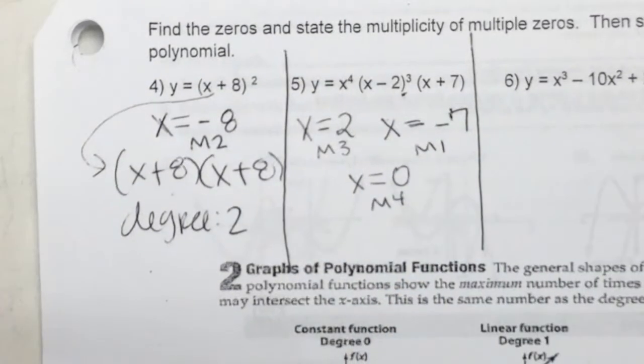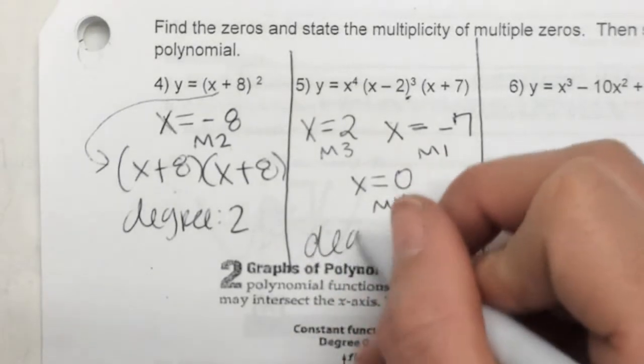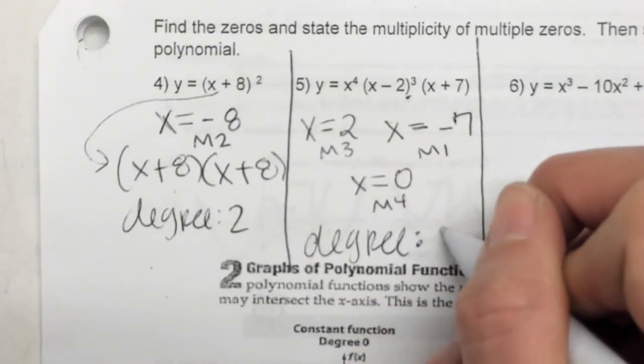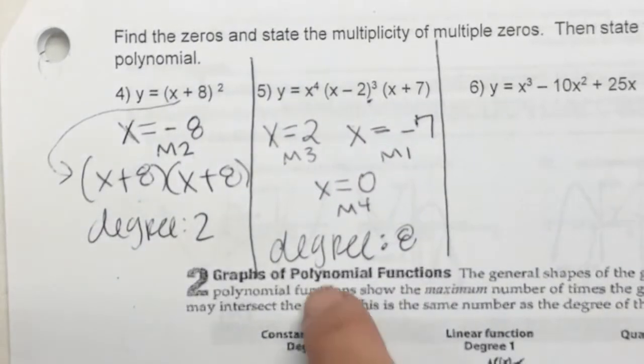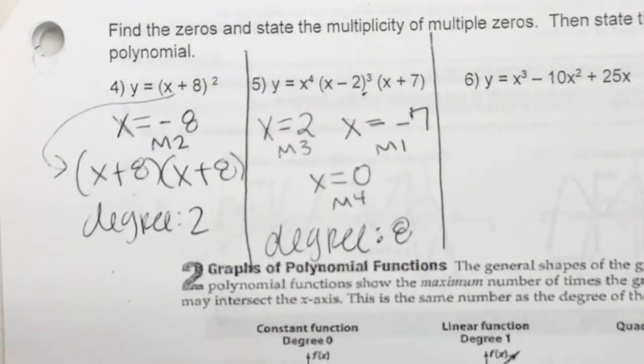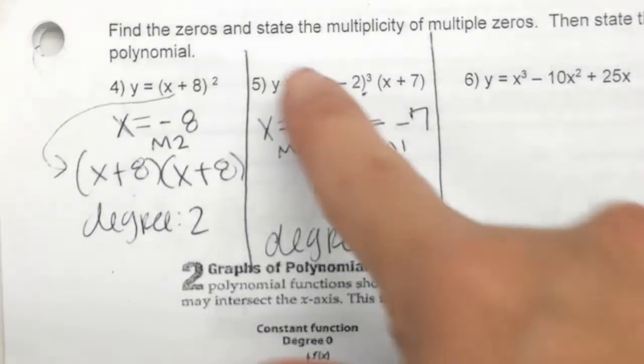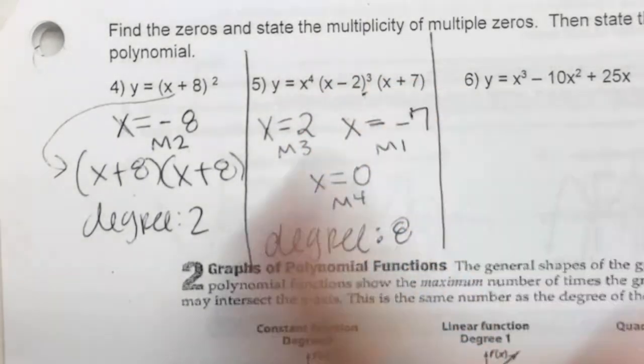Very good. Everybody understand how we got those? What's the degree? Somebody said it. 8. Very good. Because you add up 4 plus 3 plus 1, the multiplicities. Or you could just add the exponents from up here. 4 plus 3 plus 1.